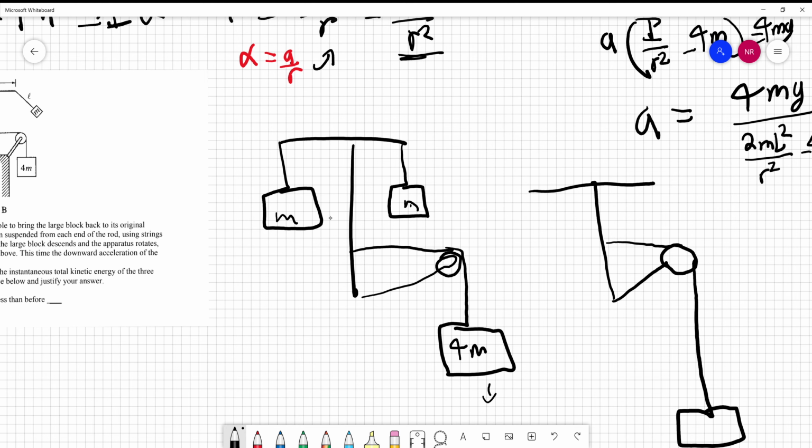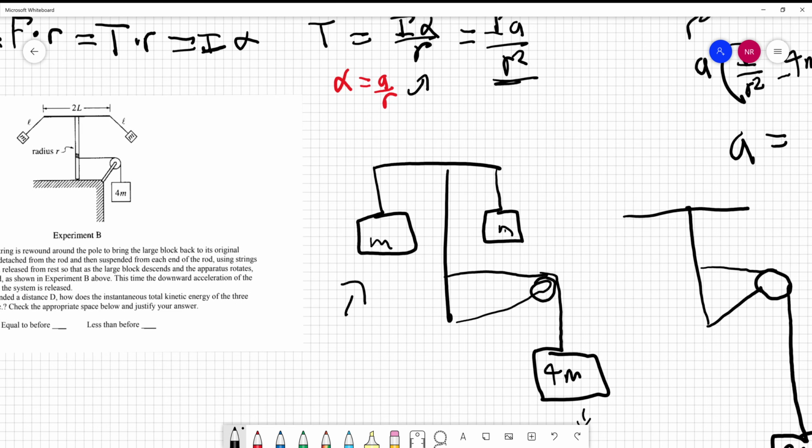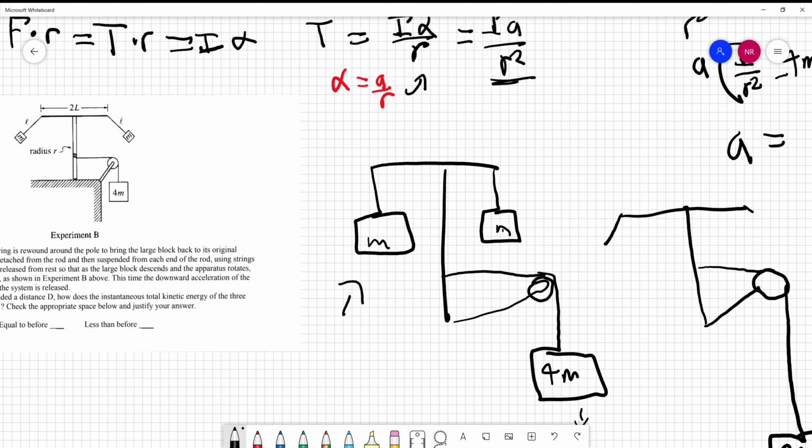But as you can see in the diagram, the two blocks hanging from the apparatus will not be straight anymore. They won't be pointing straight down. Instead, they'll have an angle upwards. So since there's an angle upwards, the block actually rose in height. This is the original height. This is the new height.